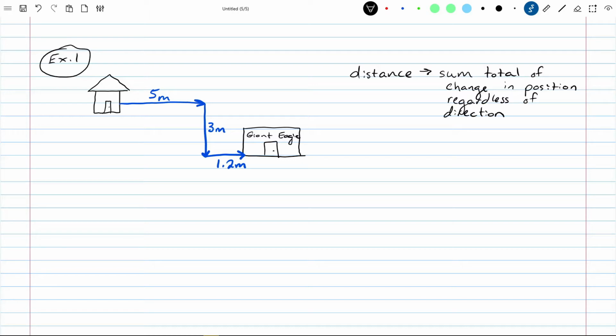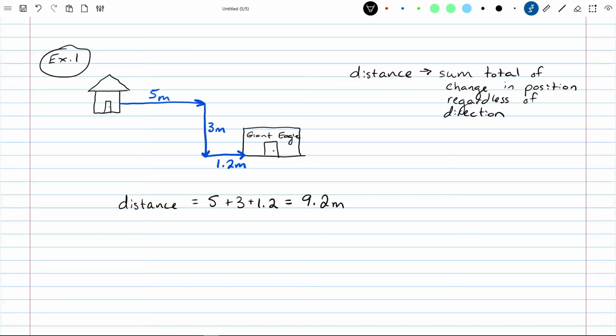So we would add 5 plus 3 plus 1.2, because again, the distance does not care about the direction. So distance equals 5 plus 3 plus 1.2, and gives us a total of 9.2 meters.